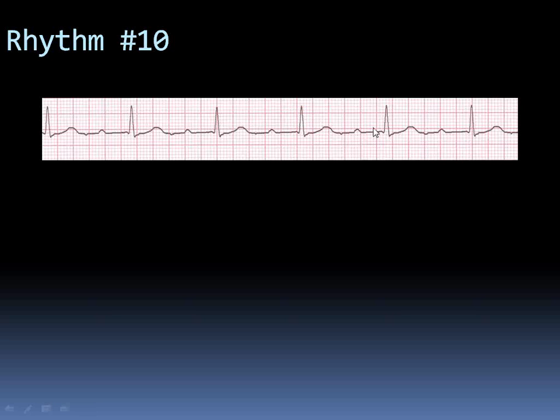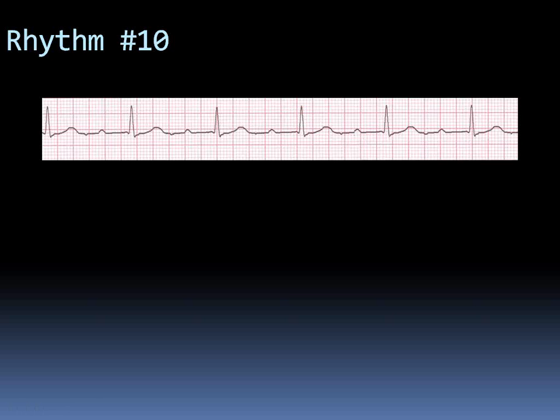All P waves are followed by a QRS. The only thing is that there is a prolonged AV interval, or a first degree AV block. Now, in the majority of patients, this sort of rhythm is completely benign. If you see a patient with a first degree AV block or a prolonged PR interval, once again, unless they are symptomatic, this is a benign condition.